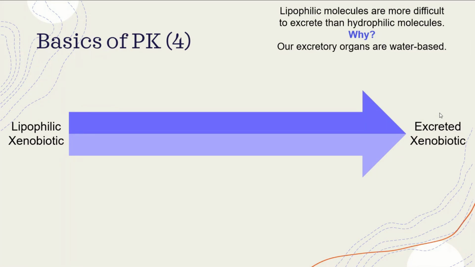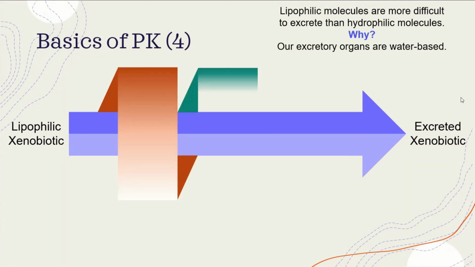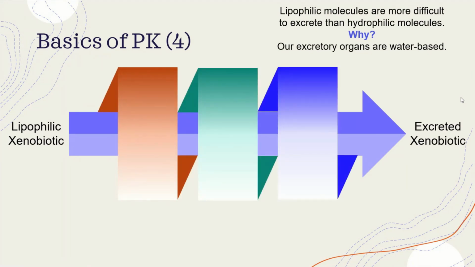So how do we deal with this? Well, what our body is trying to do is take these lipophilic xenobiotics and make them more water soluble so we can excrete them. So how do we do this? We do this through a series of phases, which are often called phase 1, phase 2, and phase 3 metabolism or biotransformation.